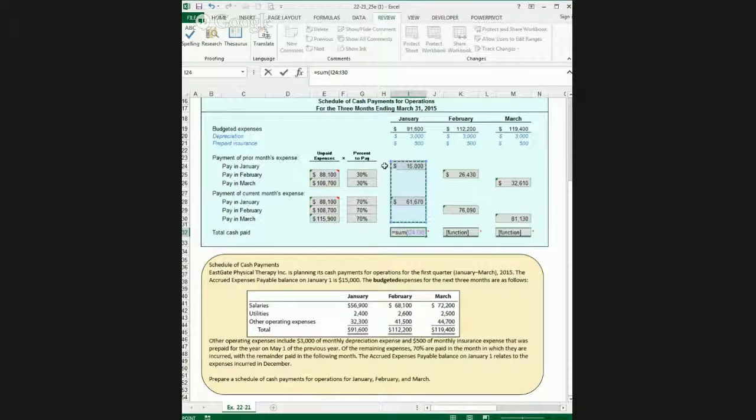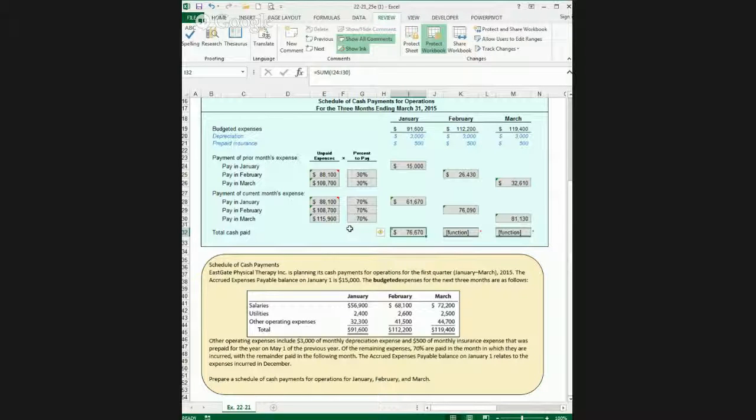And note, just for simplicity, I've highlighted all of the values that would be in that particular column. Close the parentheses and push enter, and you have the total cash payments in January of $76,670.